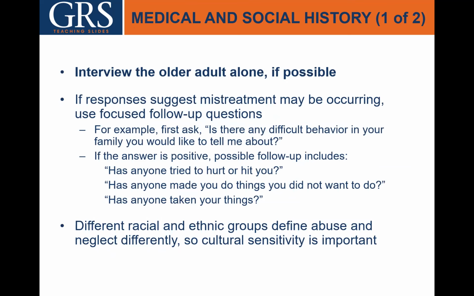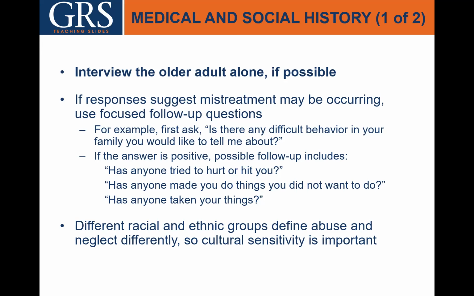In terms of medical and social history, when you suspect that a patient is suffering from elder mistreatment, it's better to interview the older adult alone. You can also ask focused follow-up questions. For example, first ask whether there is any difficult behavior in the patient's family that he or she would like to tell you about.